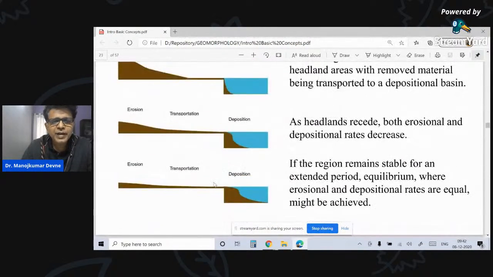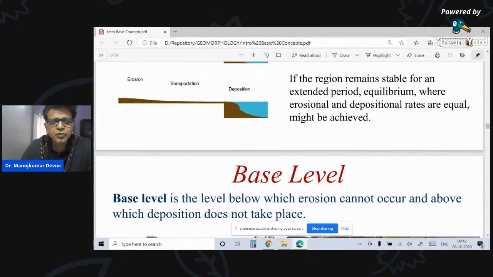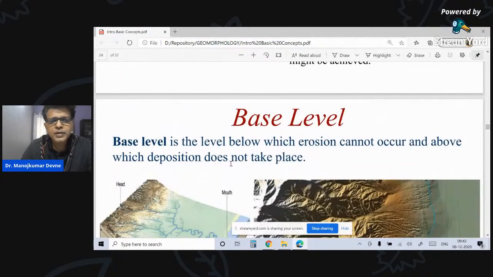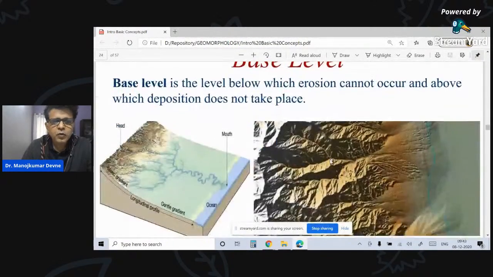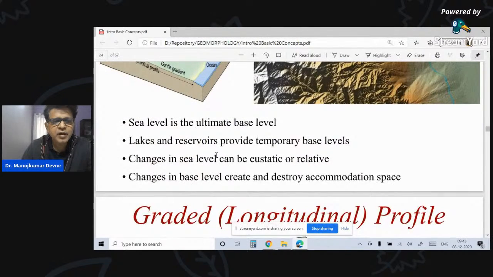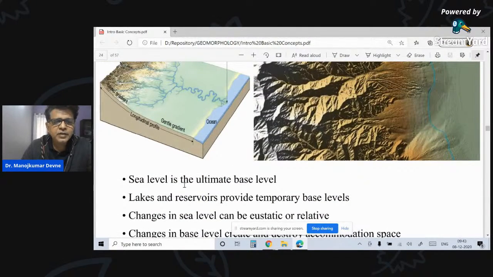Okay, this balance or equilibrium is related to something called the base level of erosion. And as far as these base levels are concerned, sea level is the ultimate base level, basically because I said yesterday that the source of major agents of erosion is water. The source of this water is ocean.